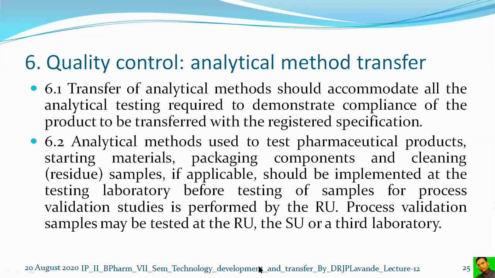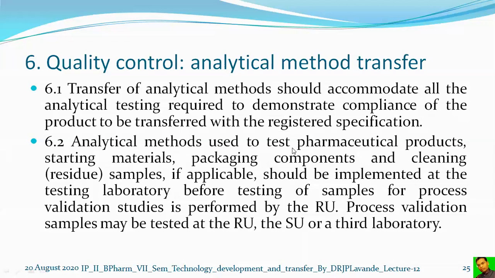Now what do these guidelines tell us? The guideline starts from 6.1. It tells us that the transfer of analytical methods should accommodate all the analytical testing required to demonstrate compliance of the product to be transferred with the registered specification.